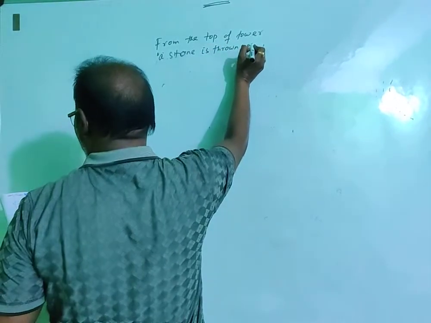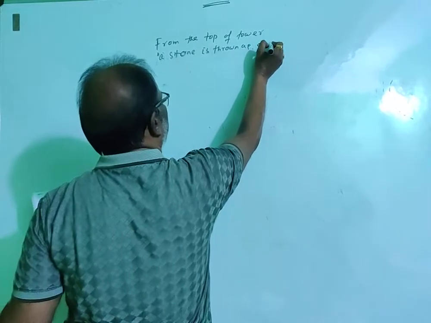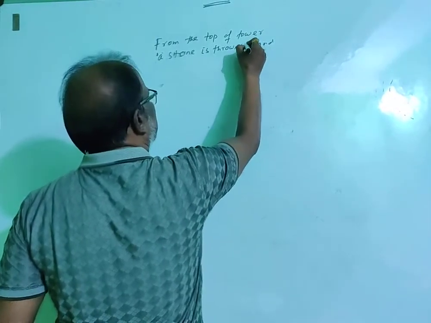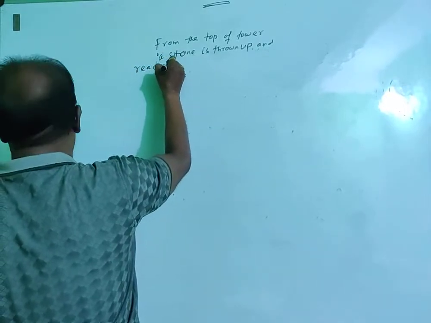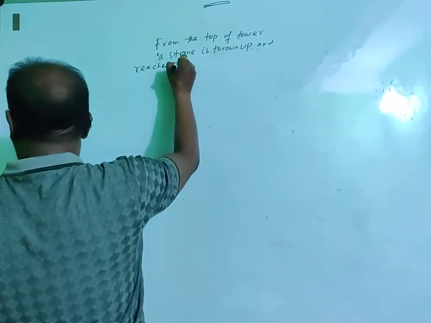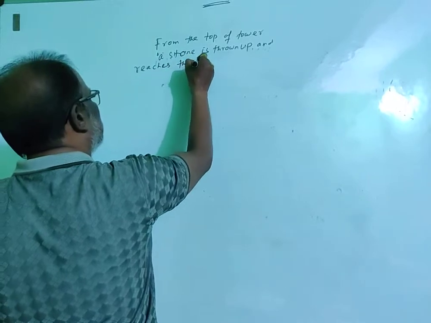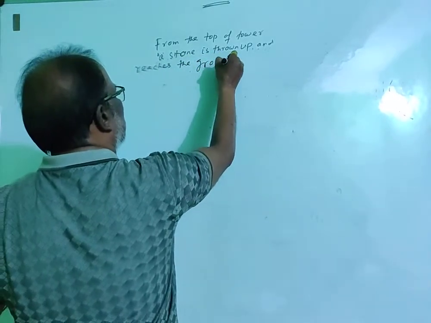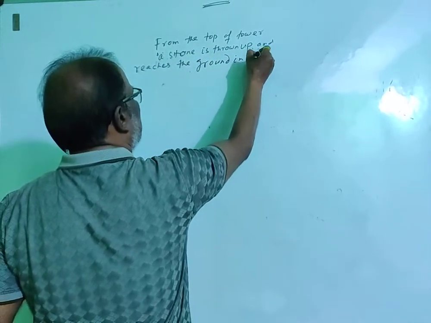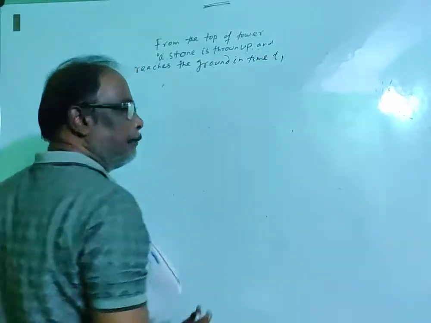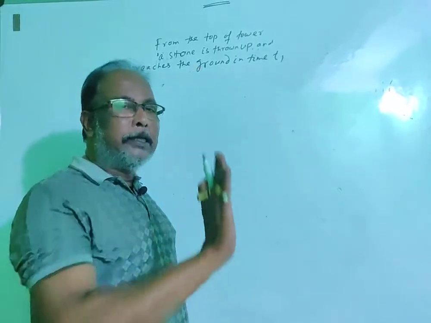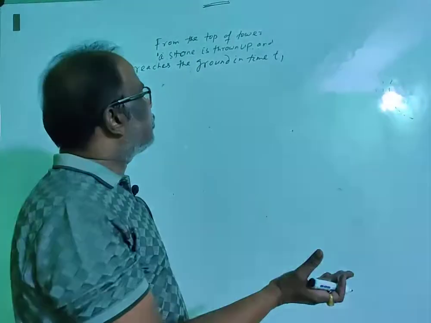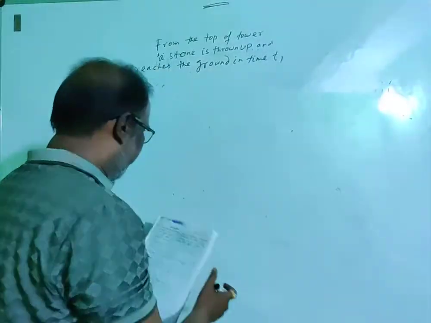A stone is thrown up, and reaches the ground in time t1. From the top of a tower, a stone is thrown up, means in upward direction, and reaches the ground in time t1. Okay.